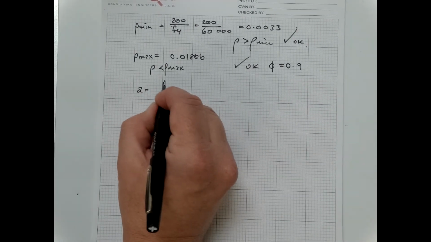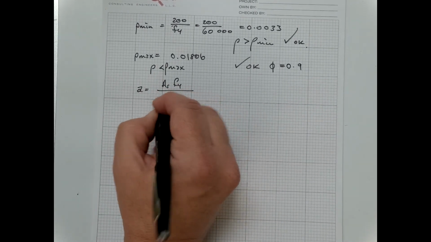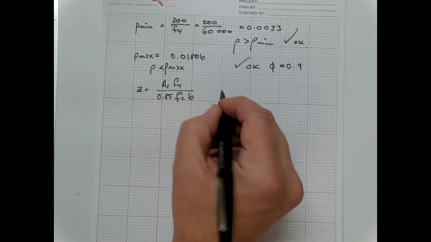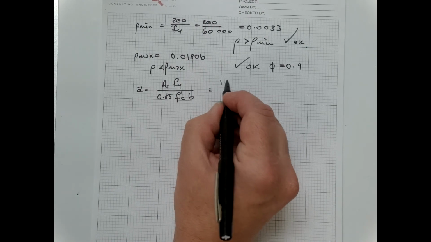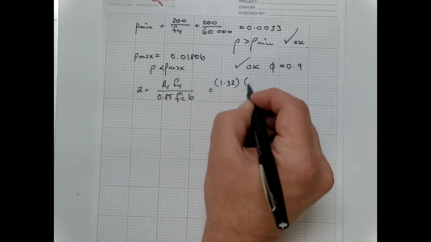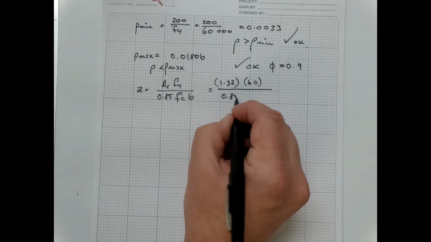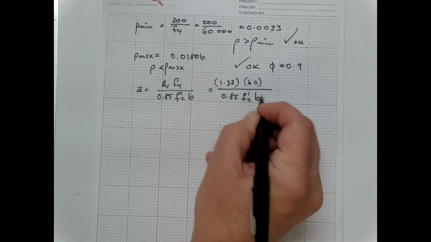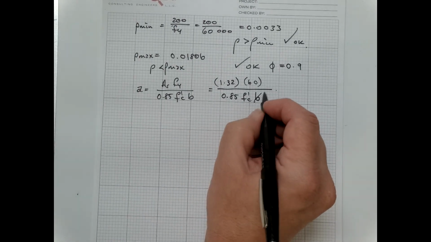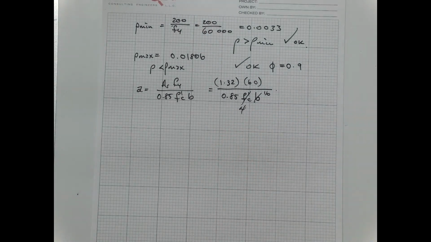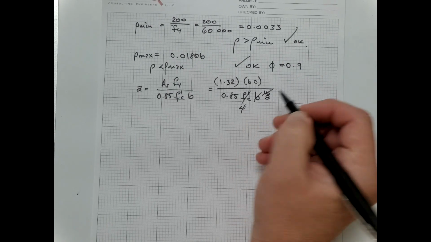A is equal to A S F sub y divided by 0.85 F prime c B, which is 1.32 multiplied by 60 divided by 0.85 F prime c B. B is 16, right? F prime c is 4, and B is 8, stupid.